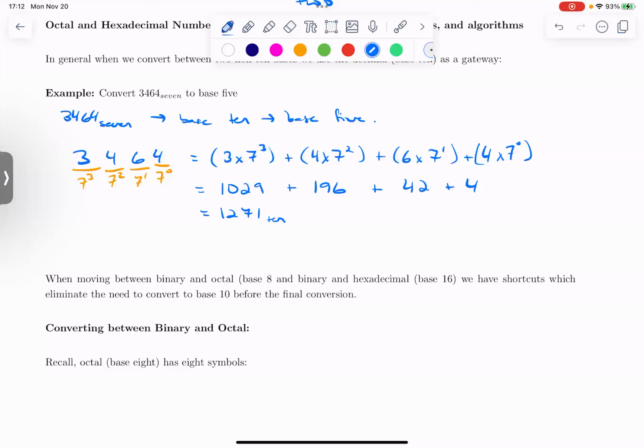If I divide 1271 base 10 by 5, I can figure out, right? How am I going to do this? Divide it by 5? 1271 divided by 5, 254 times.